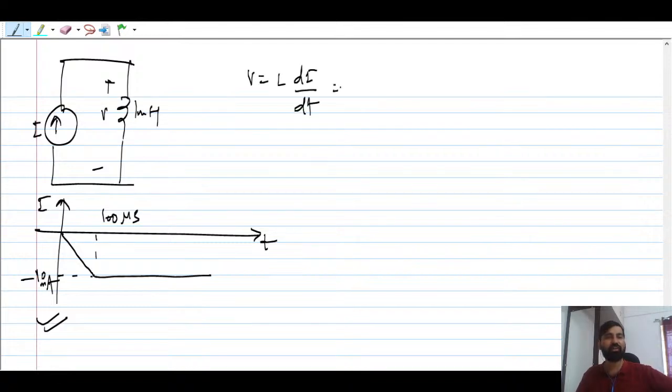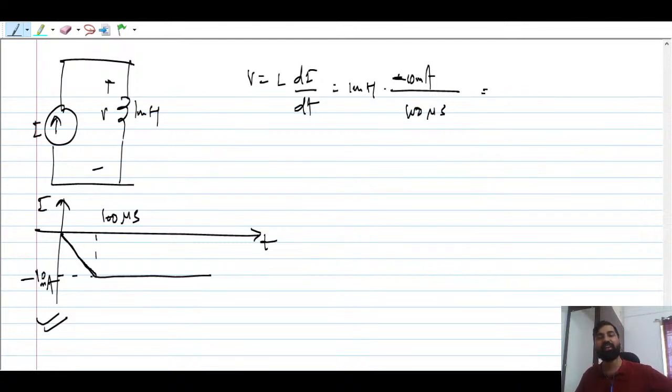Many people cannot compute this. So this is 1 millihenry, and how will you compute di by dt? Di by dt is nothing but the slope of this current curve.